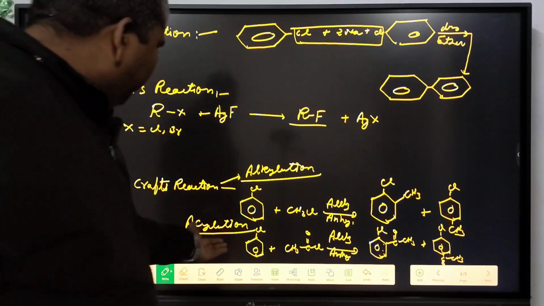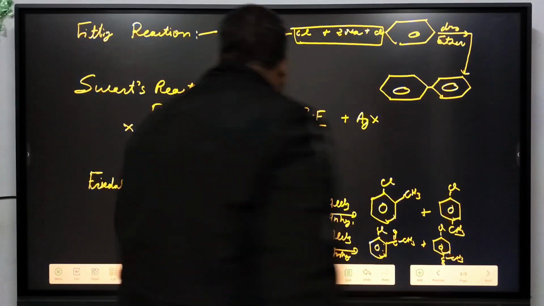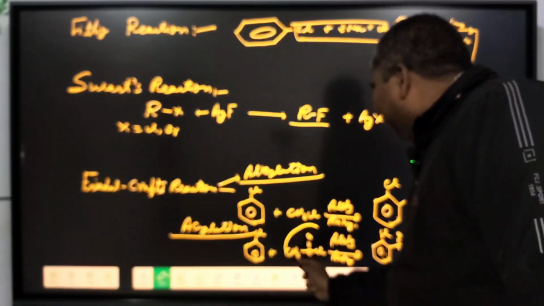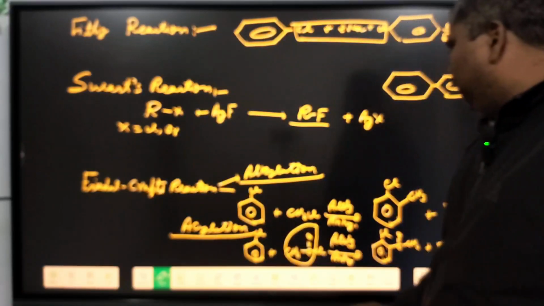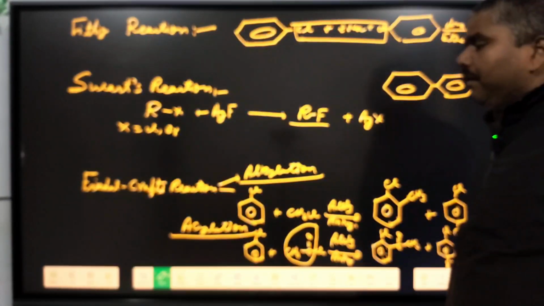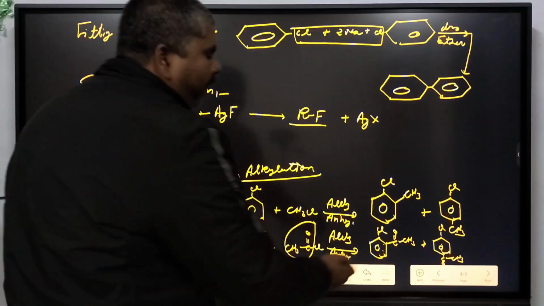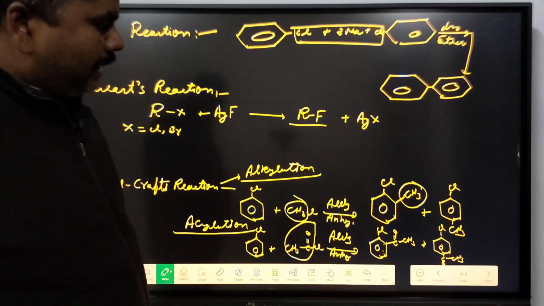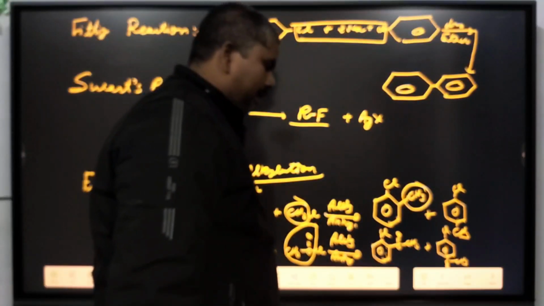So the reaction is known as Friedel-Crafts acylation. If the methyl ketone group, also known as acyl group, enters the benzene ring, the reaction is known as Friedel-Crafts acylation. Or if the alkyl group enters the benzene ring, the reaction is known as Friedel-Crafts alkylation.